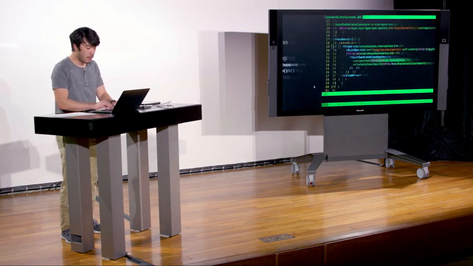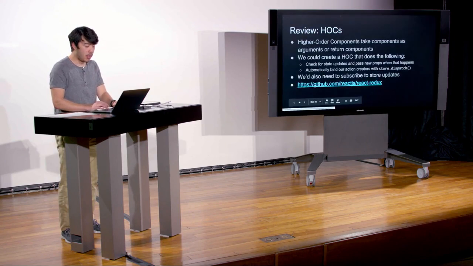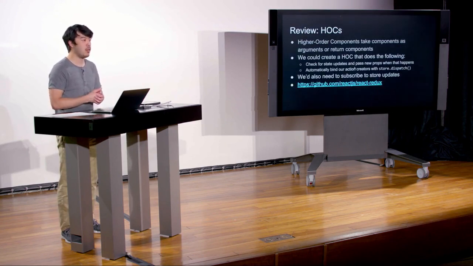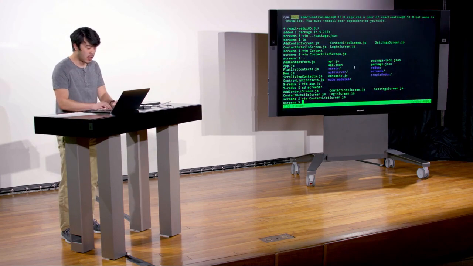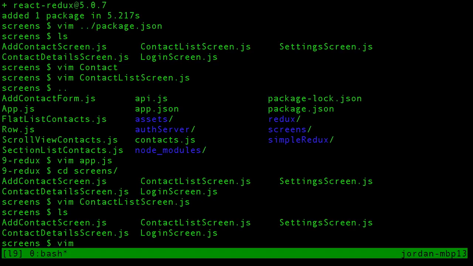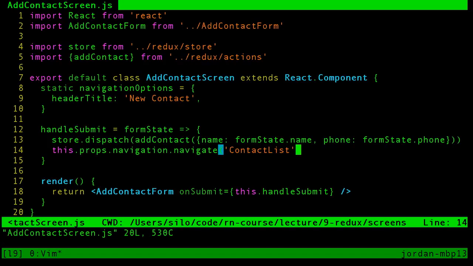Lastly, real quick, what it also does is we can automatically bind our action creators to dispatch. And so a quick example of that is in our AddContactScreen. Currently, we're not doing any binding at all. We're just passing addContact, the return value of that, straight to store.dispatch.